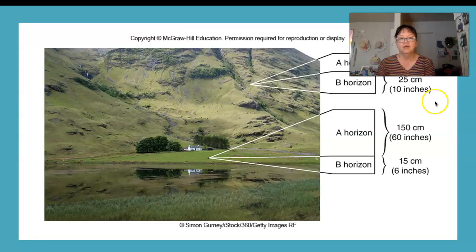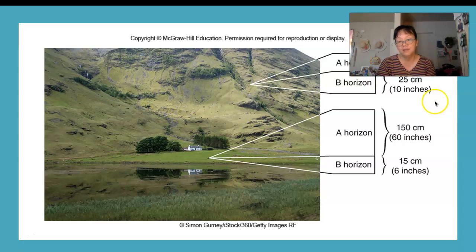If we check out this picture of the mountain and the delta region, we can see the difference between the two areas. On the mountain, because of the topography, the A horizon is 15 centimeters.